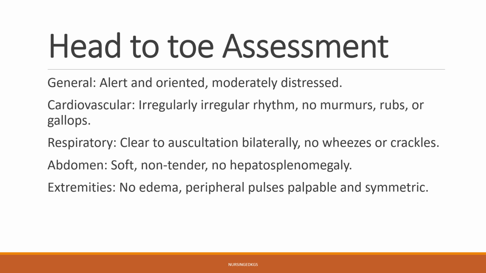She has no heart murmurs, rubs, or gallops. On auscultation, she's clear bilaterally, no wheezes or crackles, and her abdomen is soft, non-tender, and there's no hepatosplenomegaly. Now, when you assess her extremities, she has no peripheral edema, and her peripheral pulses are palpable and symmetric.